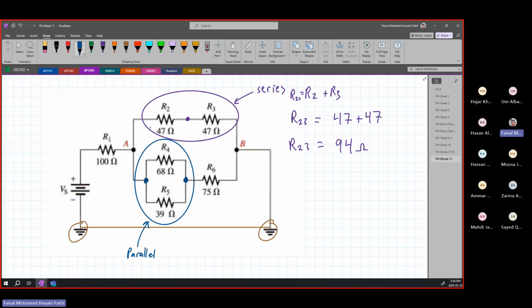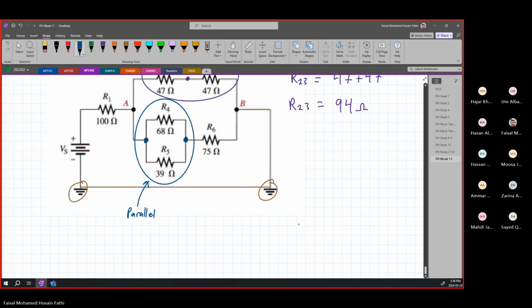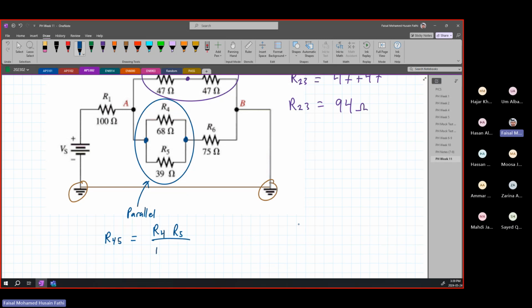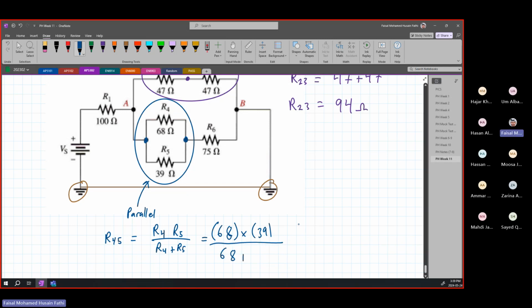For the parallel connection down here, this is going to be R45. It is going to be R4 times R5 over R4 plus R5. In other words, R45 is 68 times 39 over 68 plus 39.